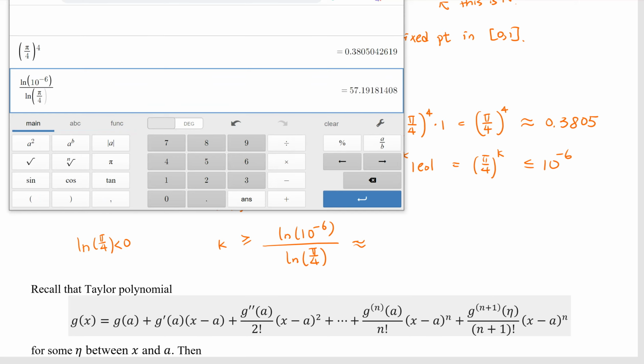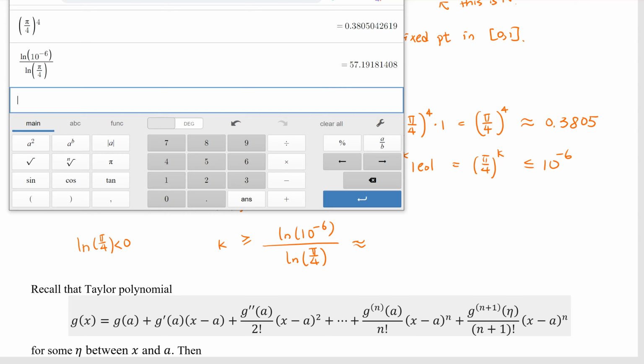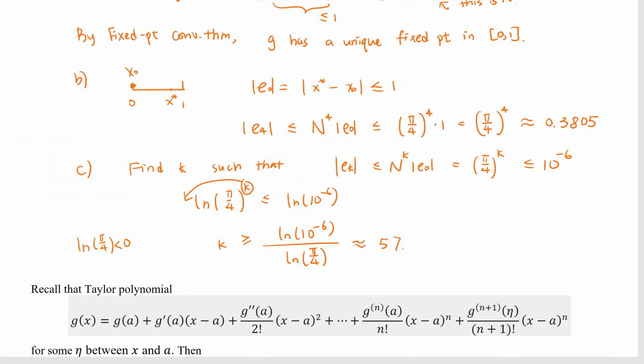Okay, and that's it. We click enter. Ooh, 57.19.